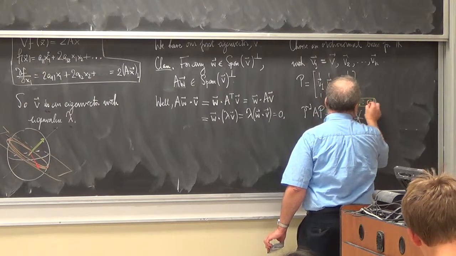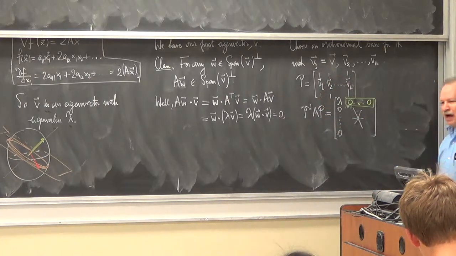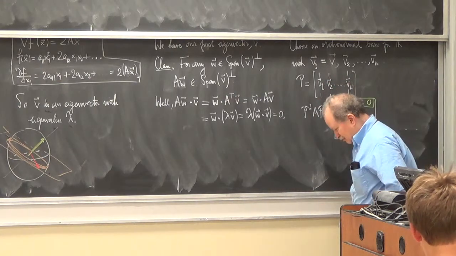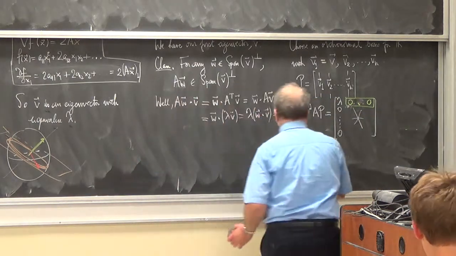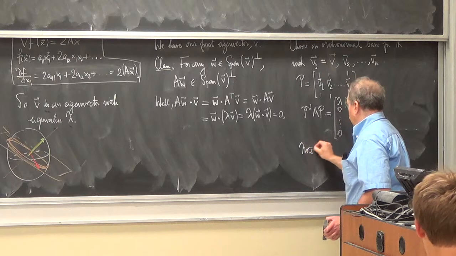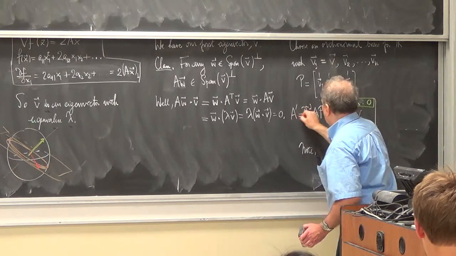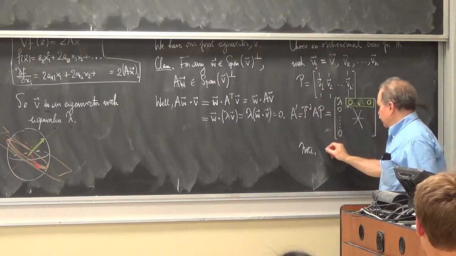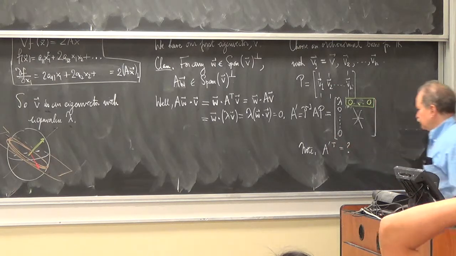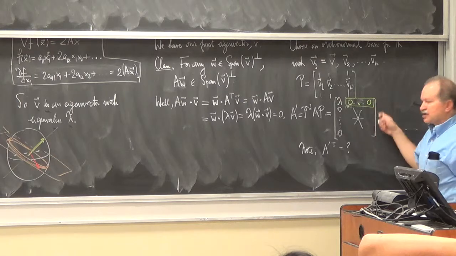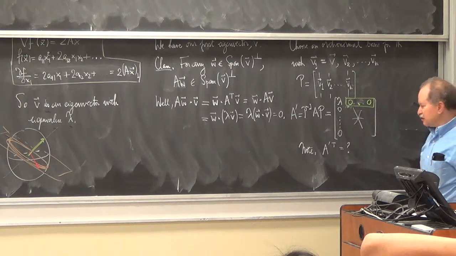It also is going to follow from a comment I'm about to make here. Note, let's call this guy A prime for the minute. What is A prime transpose? This new matrix, what's its transpose?